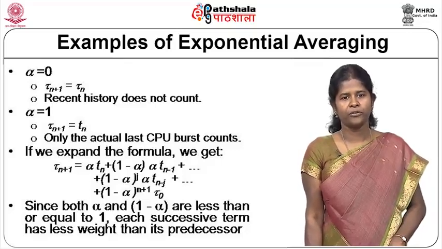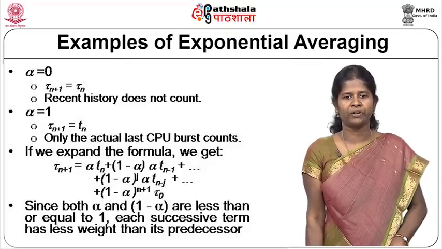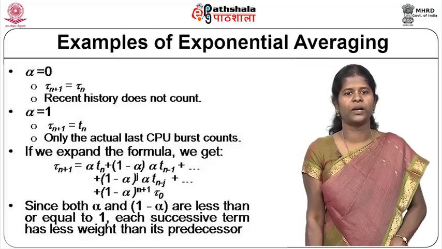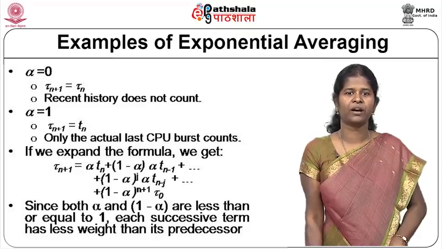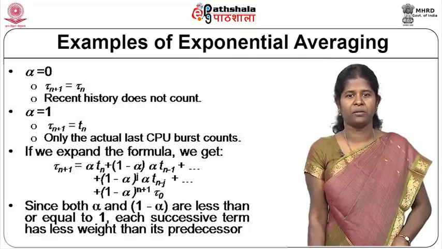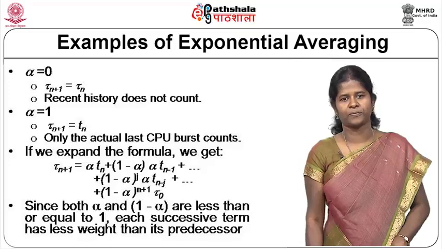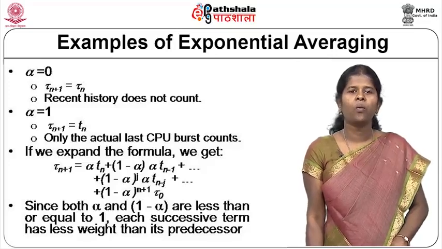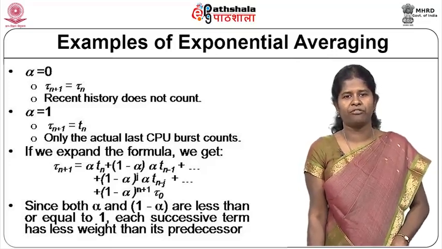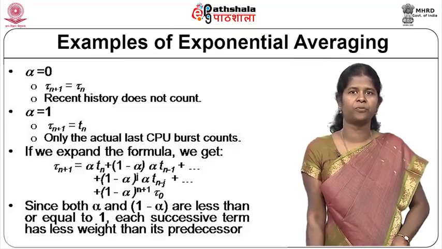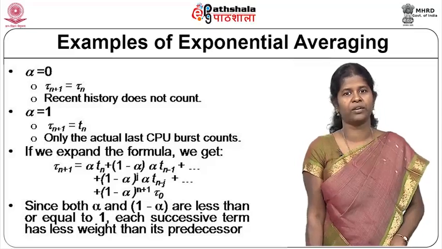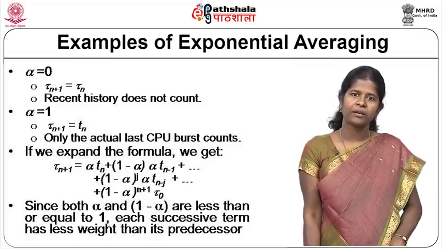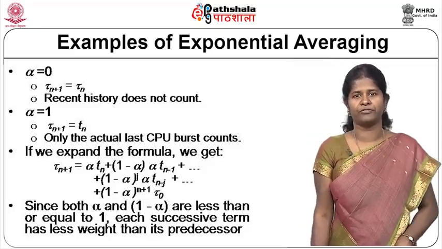Okay. So, now if you expand the formula, you can find that tau n plus 1 will be nothing but alpha into Tn plus 1 minus alpha into Tn minus 1, and so on. So, depending on what weight you want to give alpha, if you give alpha as 0.5, then the recent CPU burst will be given 50% weightage and the remaining past history will be given another 50% weightage.